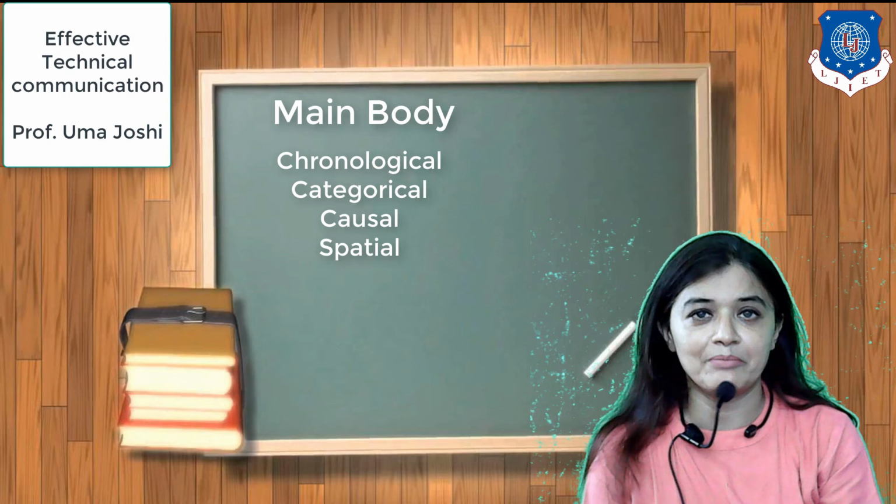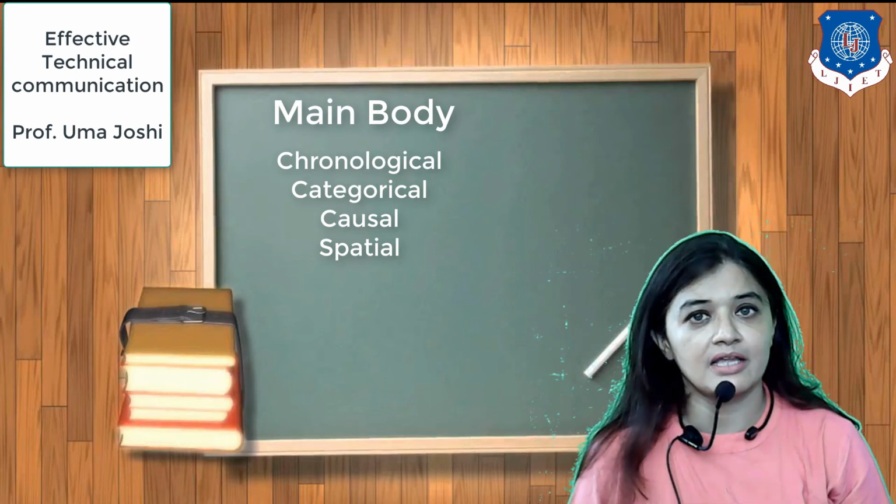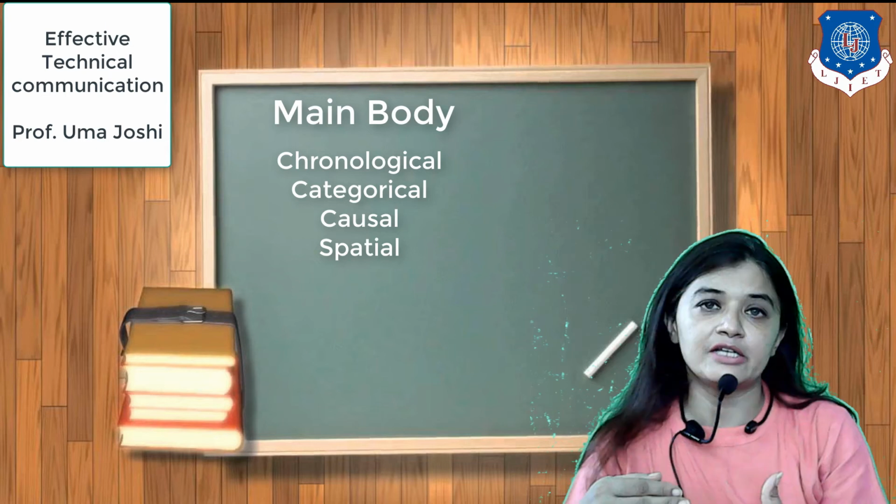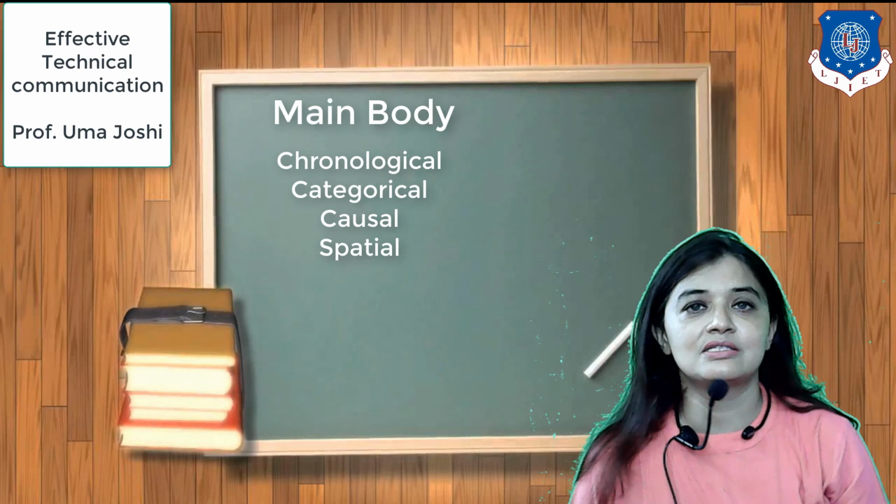Or if you're talking about the architecture of a building, then you can start from inside to outside or outside to inside, moving in a particular manner only in sequence, not mixing up the things. So you are maintaining the space, going from inside to outside or outside to inside.